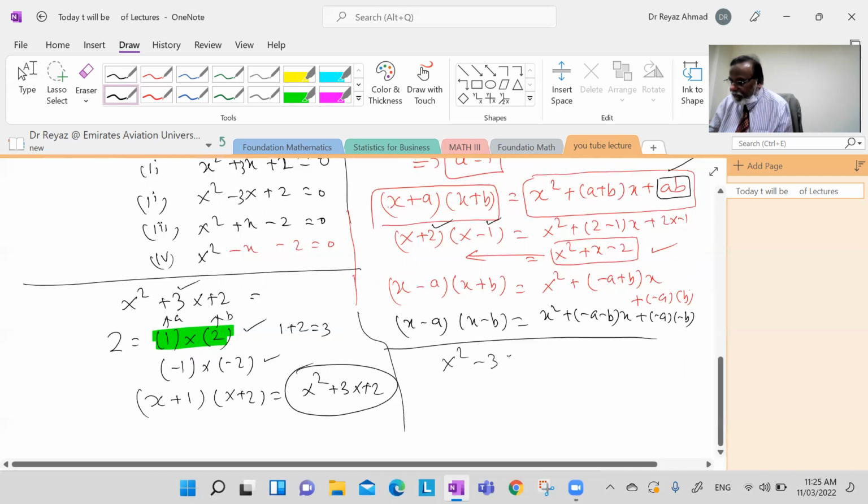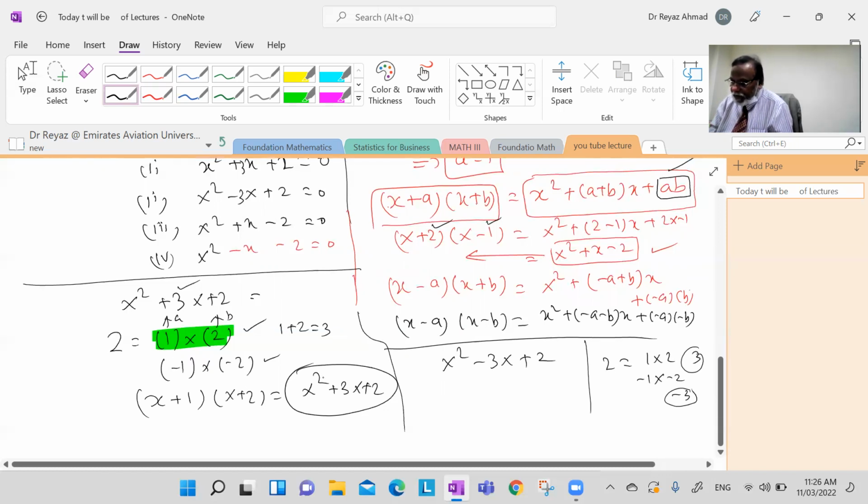X squared minus 3x plus 2. Again, for 2 we have 1 and 2, and minus 1 and minus 2. This is going to give me 3. This is going to give me minus 3. Now, which one will I choose? I will choose the one that the middle term has.